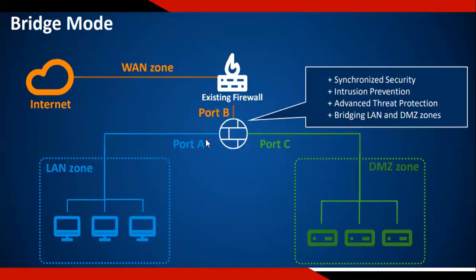We have discussed the bridge mode, where Sophos Firewall would be in between your L3 switch or L2 switch, without replacing your existing firewall or router. Here the firewall will act in bridge mode, and it will scan the traffic for any type of intrusion or advanced threat protection. It will bridge your LAN and DMZ zone with your existing firewall.